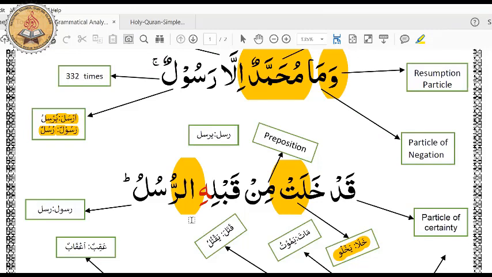And here the word Ar-Rusul, the prophets, and we know that if a word starts with alif lam, a definite particle, then it cannot end with a tanween.